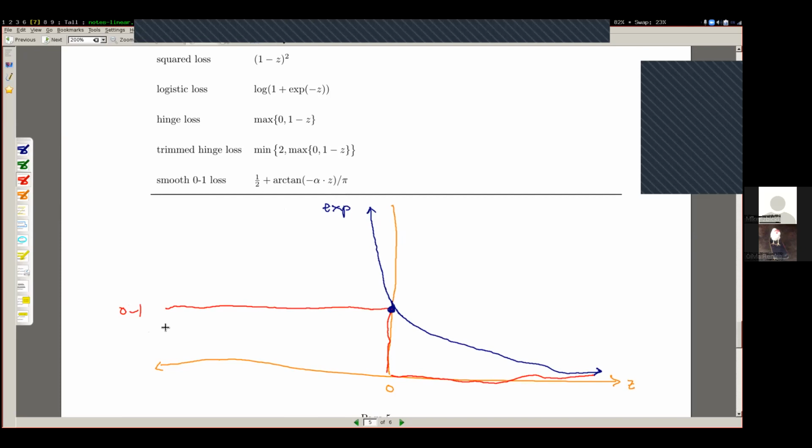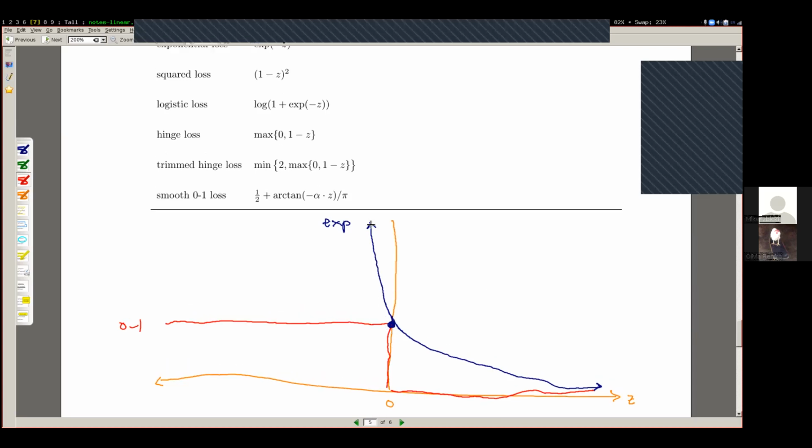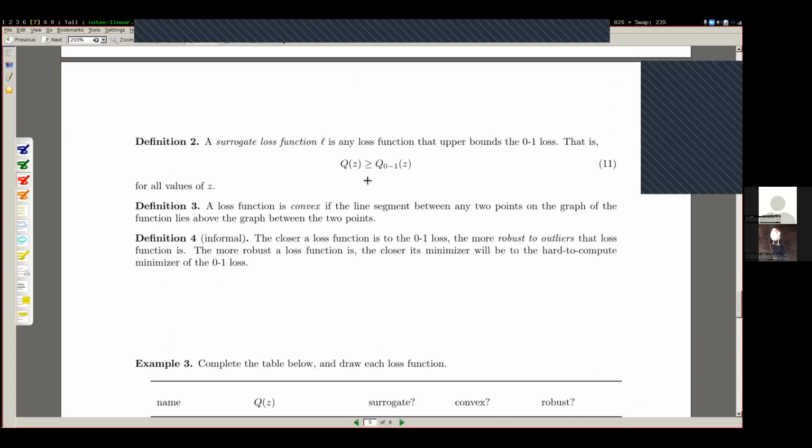Are there any questions about what I've drawn right here? Why these things correspond to the two loss functions, or what it is that I'm claiming to have drawn? Yeah. Question is, what's the value of the 0, 1 loss function at 0?